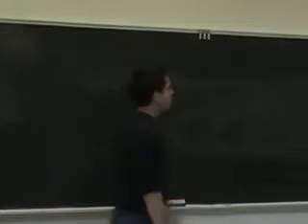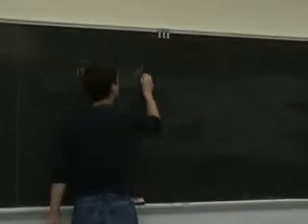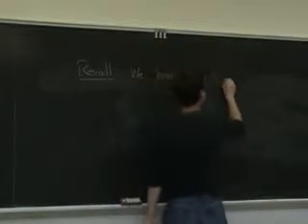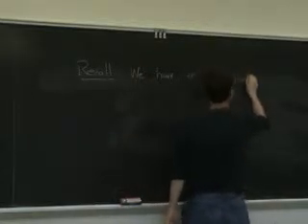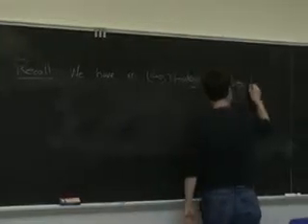So first, why might you believe that this has something to do with topological field theories? So let's recall in these lectures we have been studying an infinity 2 category which I denoted by Bord 2.